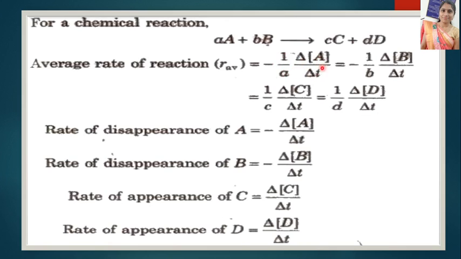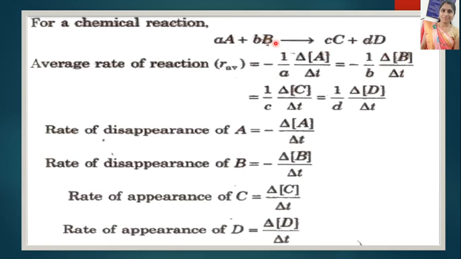Delta A denotes the change in the concentration of A, and delta t is the change in time. Similarly, in terms of B, it is minus 1 upon b, delta B upon delta t.